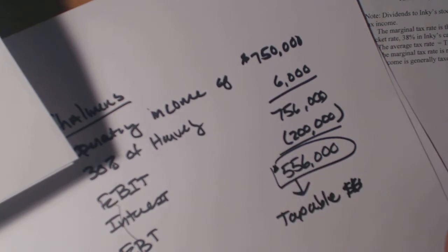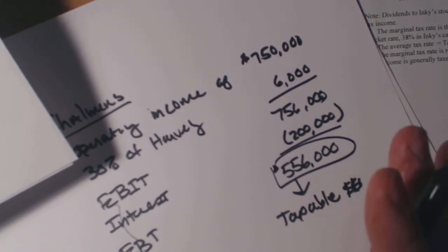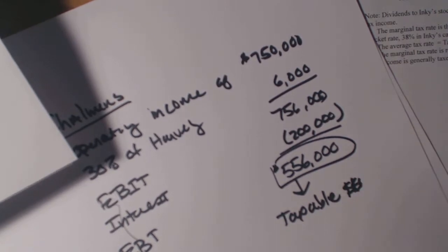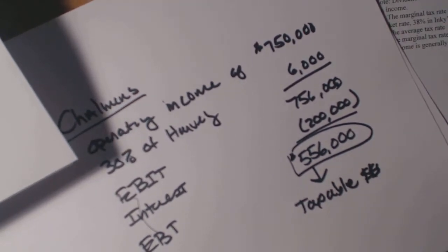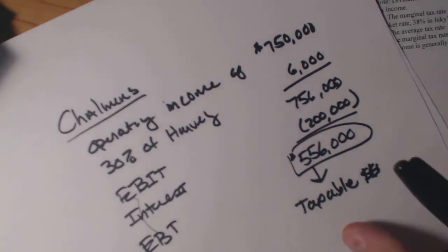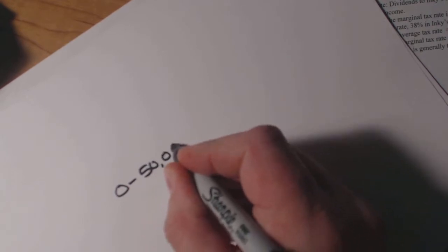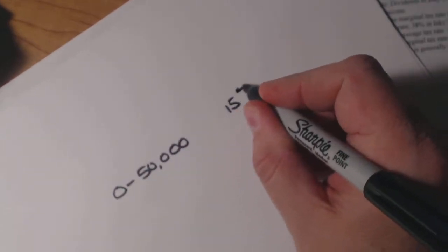We don't owe $556,000 in tax. We owe taxes on $556,000 of earnings. So the way that we're going to calculate this is we are going to go to the corporate tax tables. Let me take a quick look at the corporate tax tables with you. They say that if you make 0 to 50K in your company, you pay 15%.